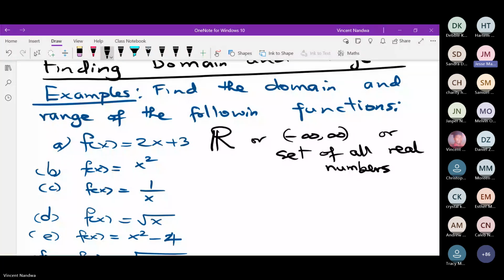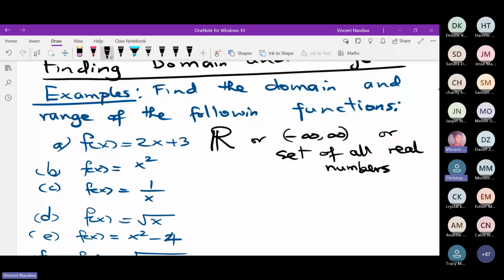Yes. Is it possible to get 0? For 2x plus 3, which value of x gives 0?